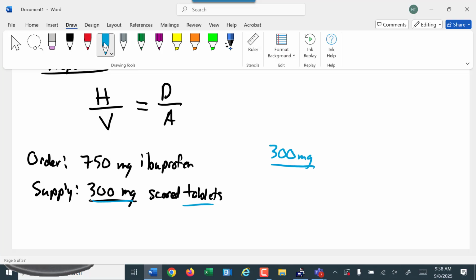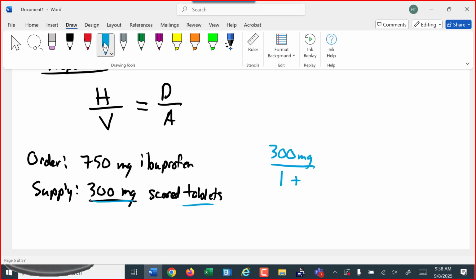My vehicle is one tablet, carries 300 milligrams. Now, one thing in a proportion is the units must match up in one of two directions. Either these two units have to be the same, and we can see those clearly are not, so that's not going to be the way we match up.